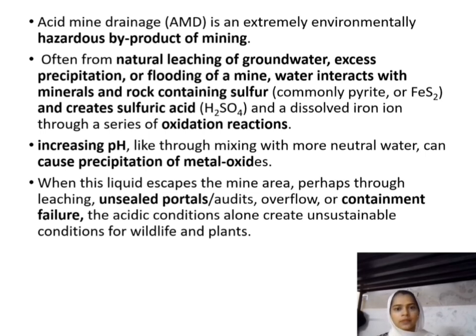In this case, the released acid mine drainage contains sulfur and it reacts with pyrites to form sulfuric acid, and it can oxidize iron and precipitate metal oxides from the water.